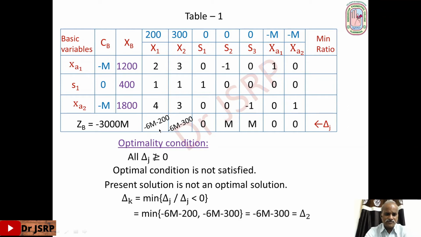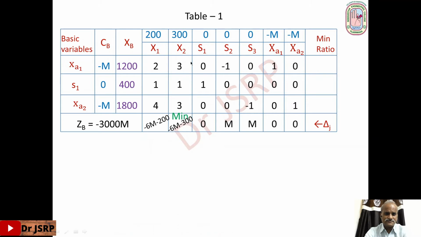That is the minimum of minus 6M minus 200 and minus 6M minus 300. Since the M parts are the same, we compare minus 200 and minus 300. So the minimum is minus 6M minus 300. That is delta 2, corresponding to the second variable. So this is the minimum value. The corresponding variable x2 is the entering basic variable. Circle it. So this is the pivot column.